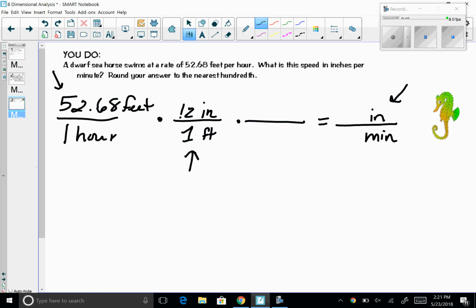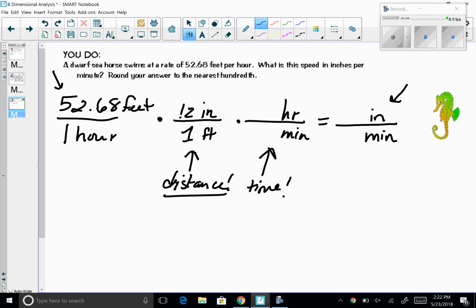Notice how this conversion rate deals with distance. And my next one is going to help me figure out time. So my next one that I need to use needs to have hours in the top and minutes in the bottom so that my hours will cancel out because I'll have one in the top and one in the bottom.